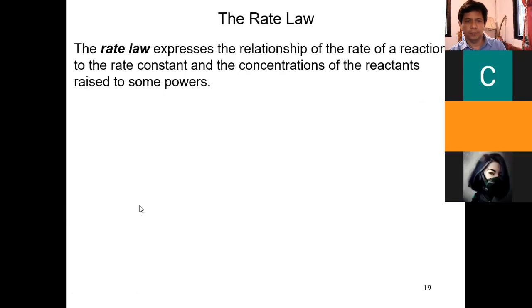So, let's proceed. So, the rate law expresses the relationship of the rate of a reaction to a rate constant K, and the concentration of the reactants raised to some powers. So, halimbawa R is equals to K times C sub A, or concentration of A raised to X, certain power. Parang ganito lang yan.